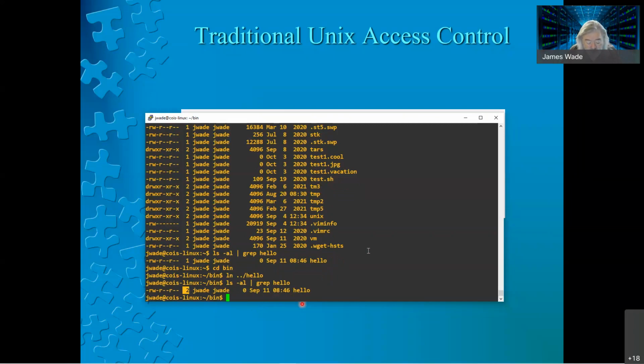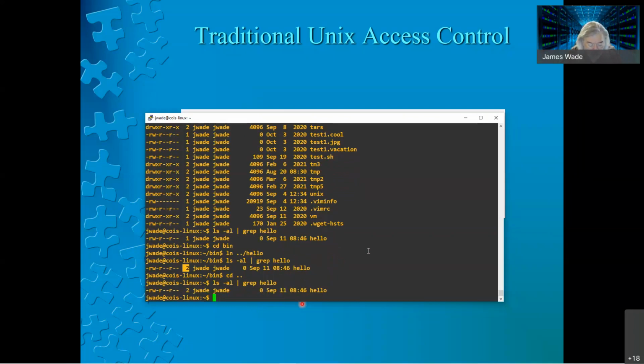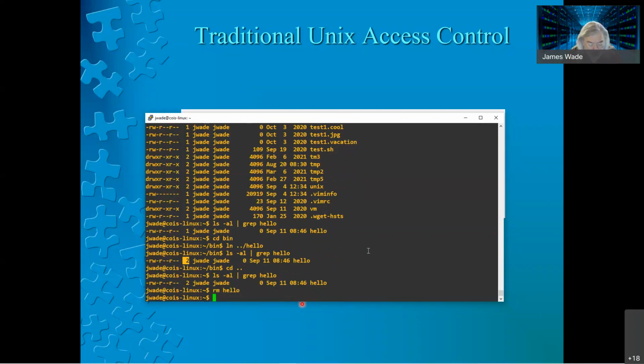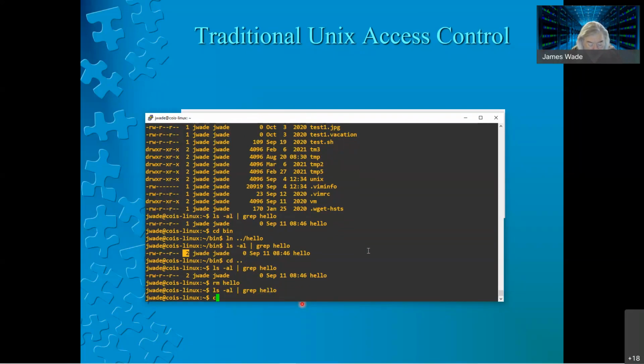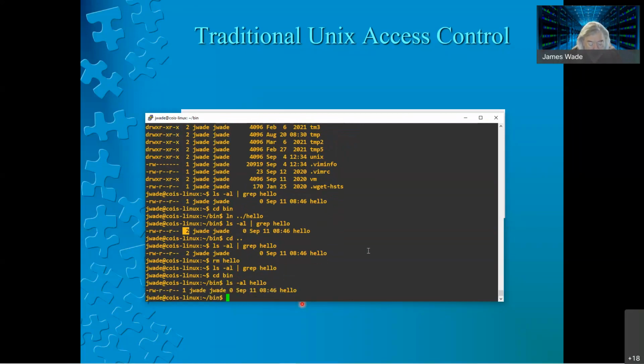They're the same file. If I go up one level, see how it says 2? Now watch this. If I remove hello, it's gone, right? I'm going to go to the bin directory and notice that it's back to 1 in the bin directory.